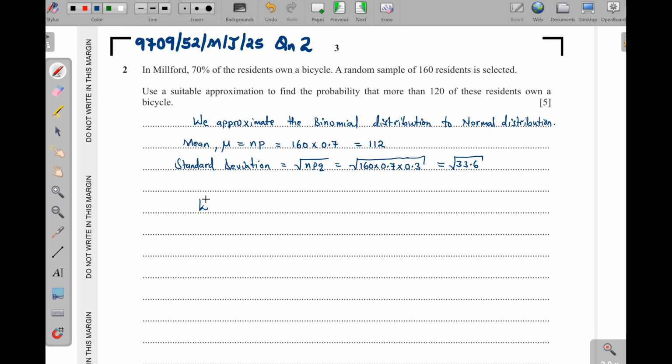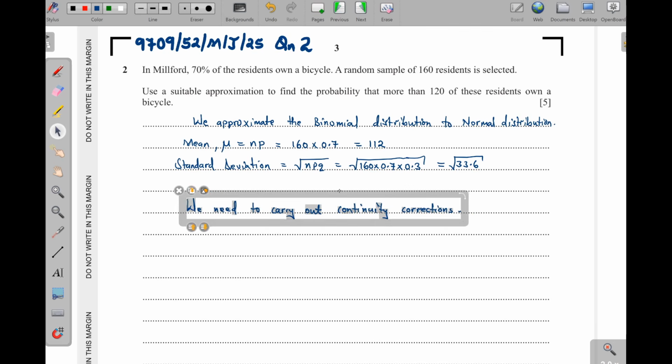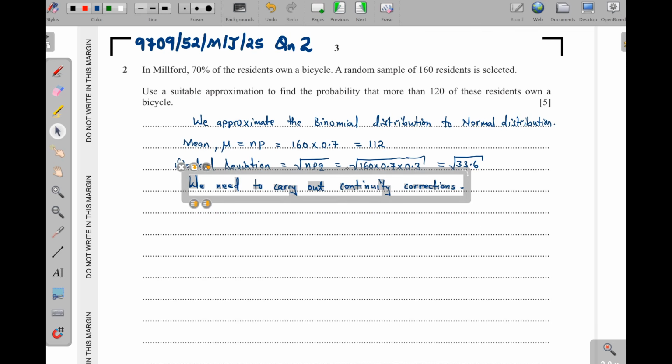Now we need to carry out the continuity corrections. Now we do this because we are moving from discrete random variables. So for discrete random variables, that is where we find the binomials.